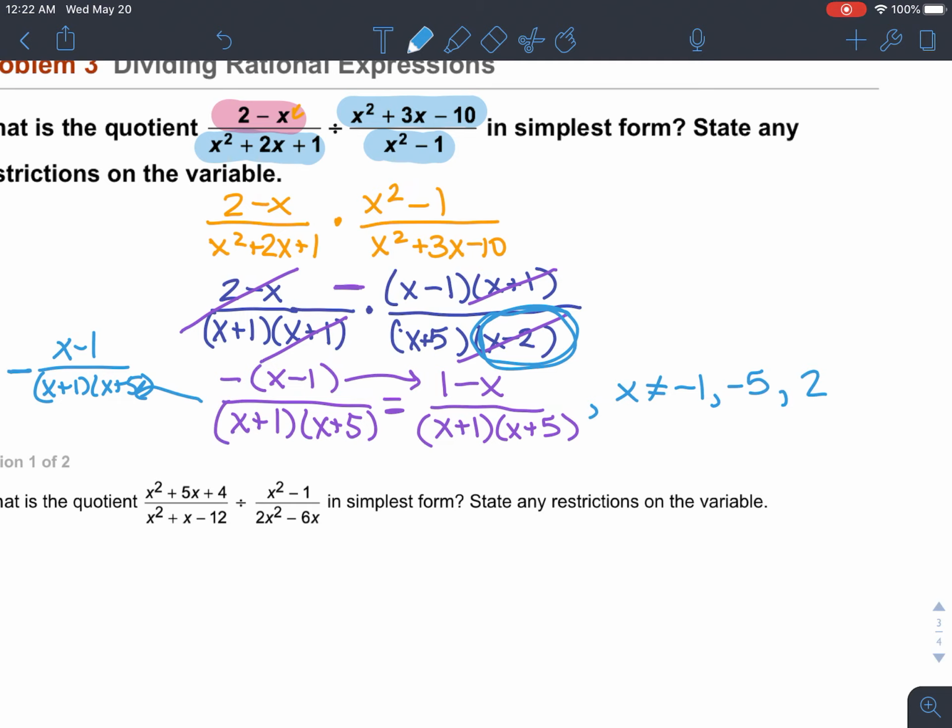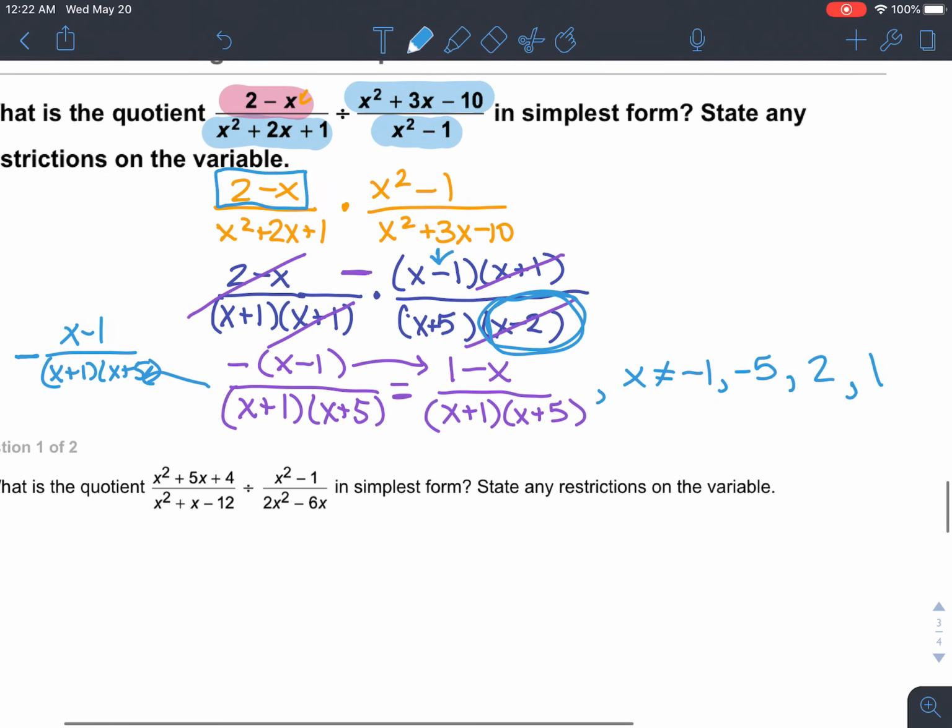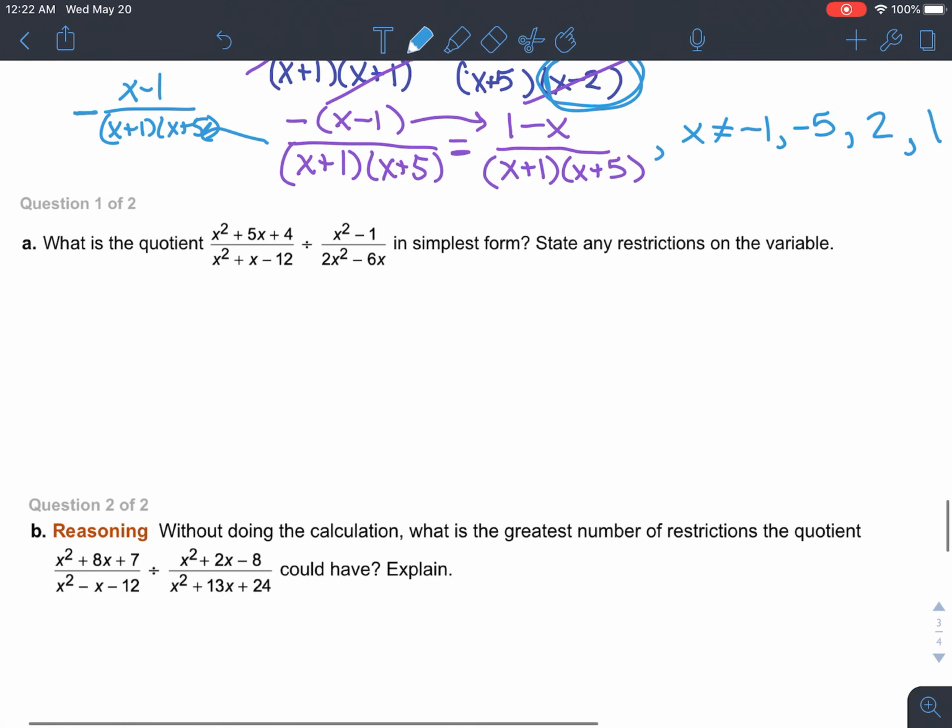So I need to look at every part of the fraction except for this. So that means that x also can't be positive 1. And that's kind of tricky. That's hard to see. Okay, but you gotta look for it.